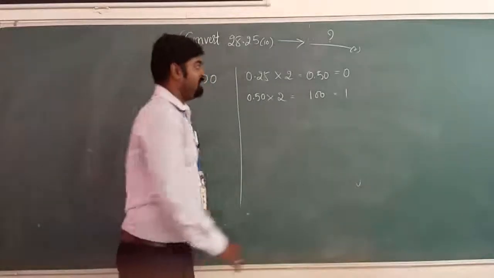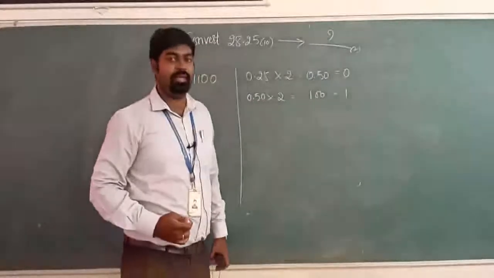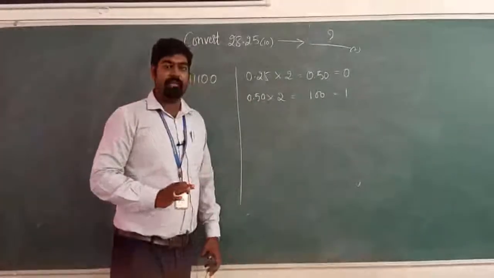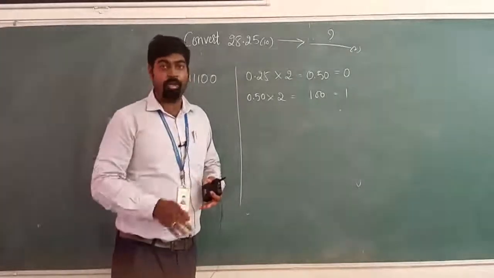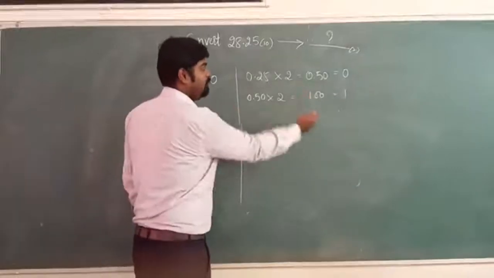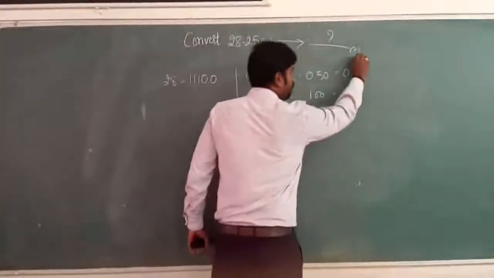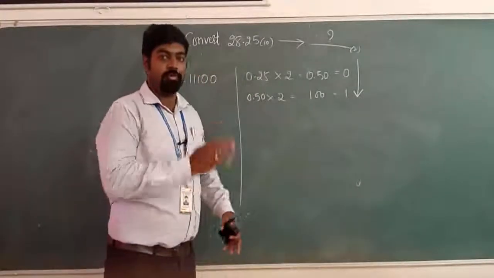Now you can see the remainders are either 0 or 1. Now how do we write the remainders? When it comes to the integral part, we considered the remainders from bottom to top, that is from most significant bit to least significant bit. But when it comes to the fractional part, we need to go from top to bottom.